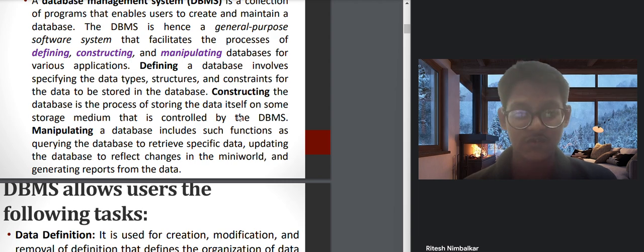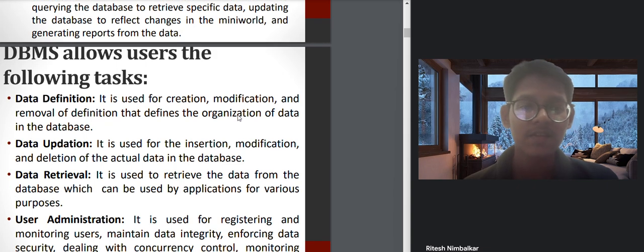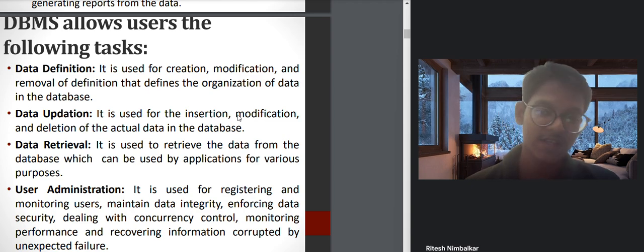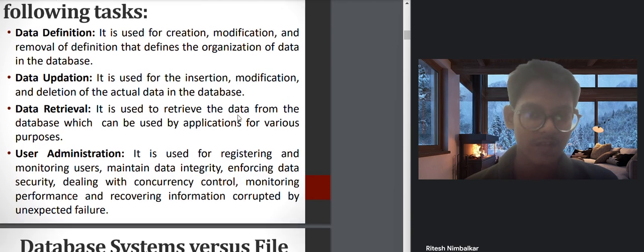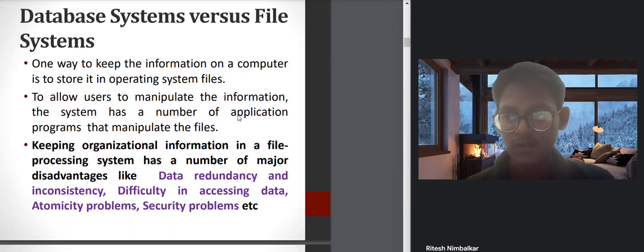Constructing involves storing the data itself upon a medium. Manipulating comes under the management system. DBMS allows the following tasks: data definition, data updation, data retrieval, and user administration, through which the user can give access to organization members to work upon the data.